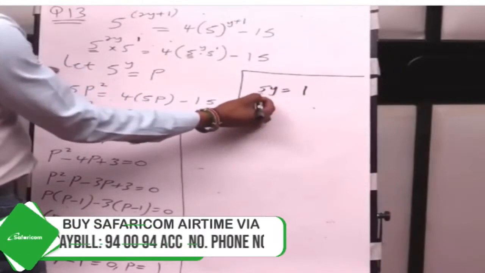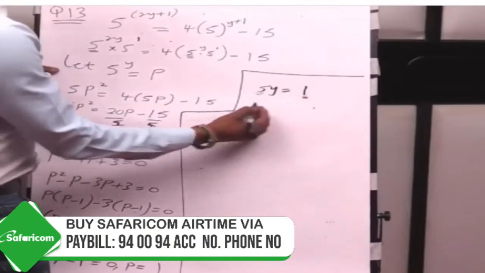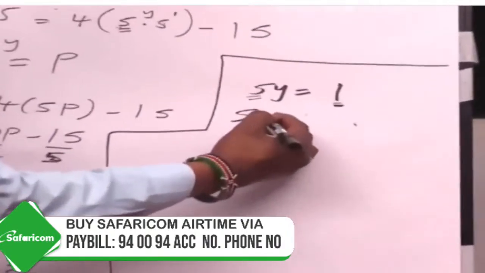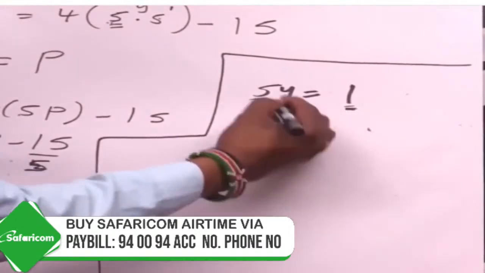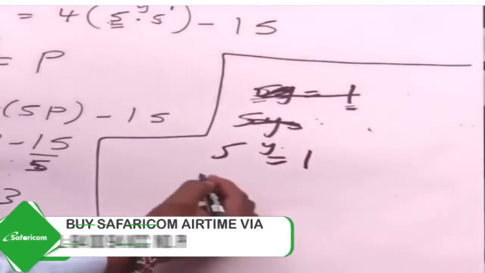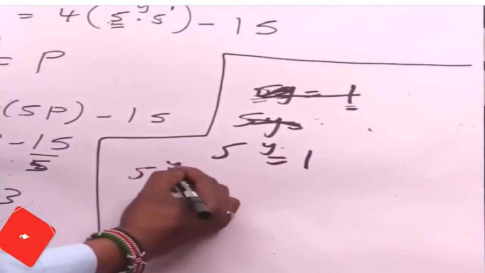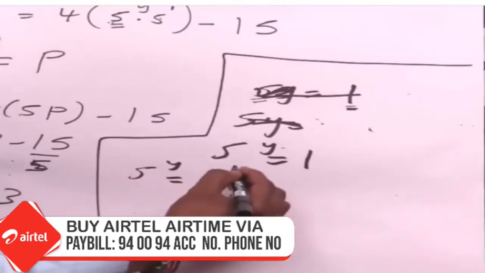So if this is 5, we can decide to make this to base 5. But how do we make it? So 5^y equals 1. Therefore 5^y equals, you make this to base 5, 5 raised to power 0.